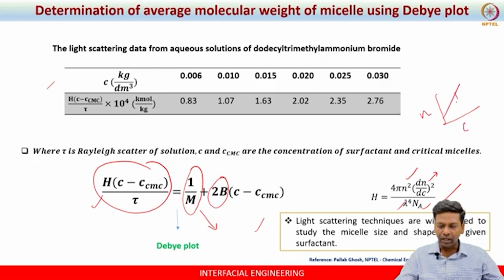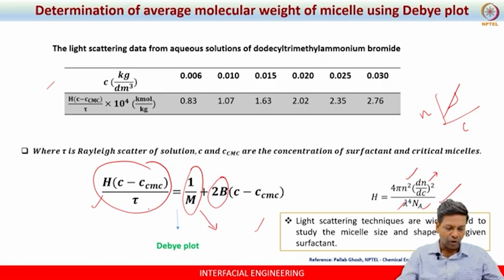The slope of that will be dn by dC, right? That data can be used here, and this entire data can be obtained from the manufacturer, or when we operate the particular light scattering instrument.